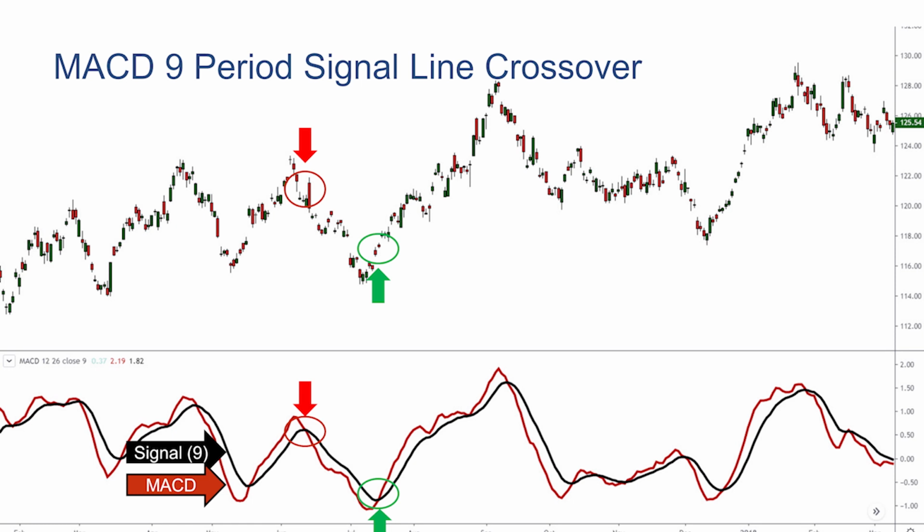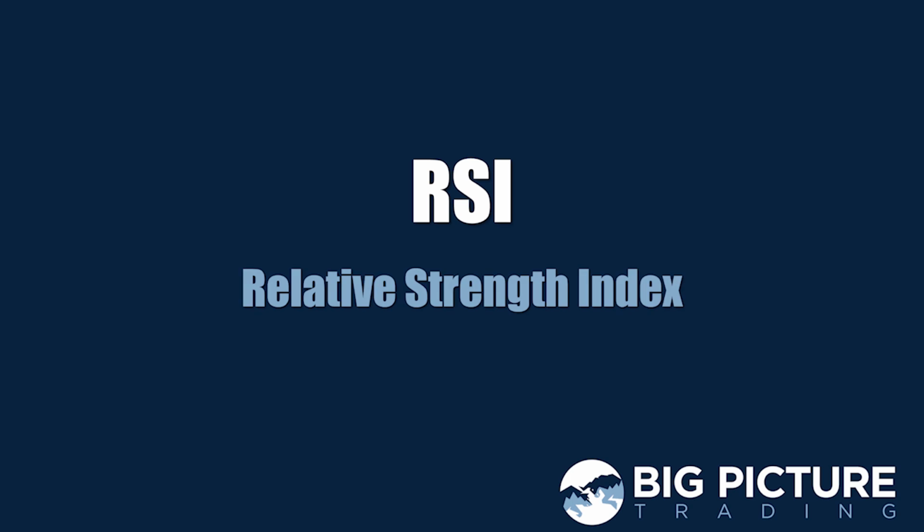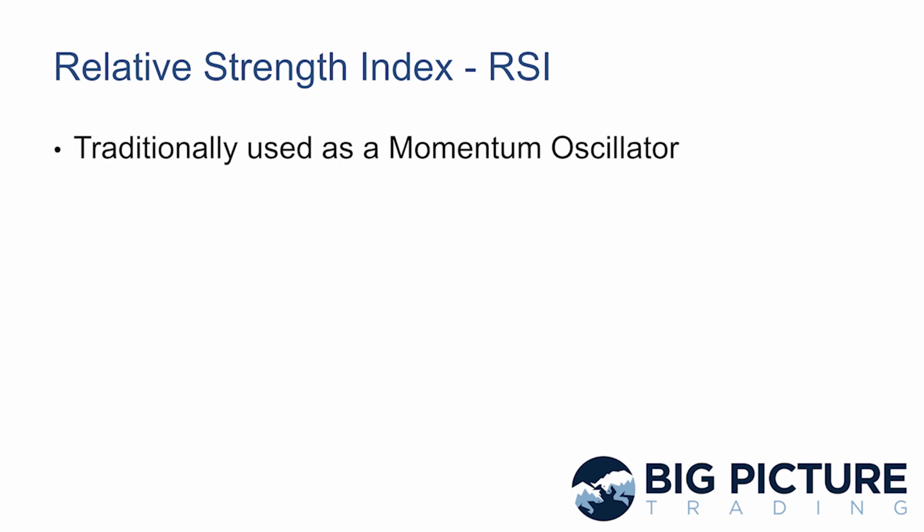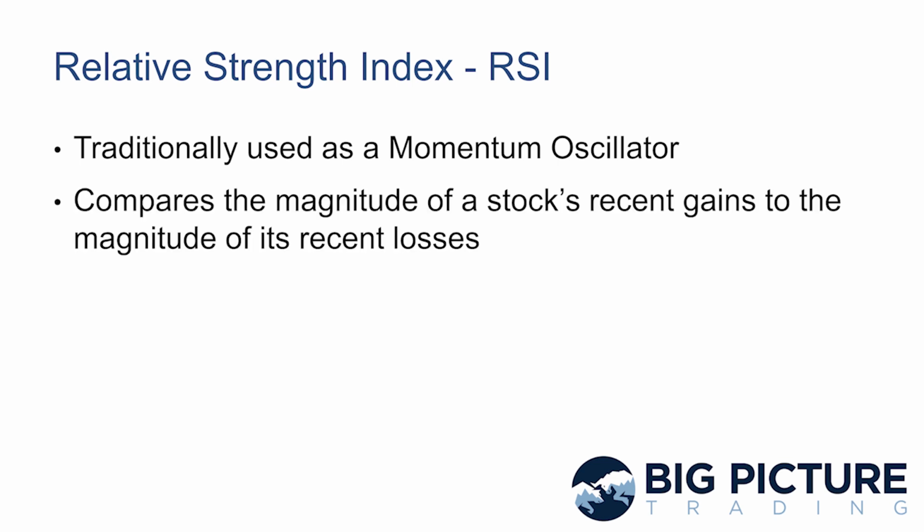So let's move on to the RSI, or relative strength. The relative strength index is used also as a momentum oscillator. Now, what the relative strength does is it compares the magnitude of the stock's recent gains versus the magnitude of its recent losses based upon a certain sample size of a certain number of days.